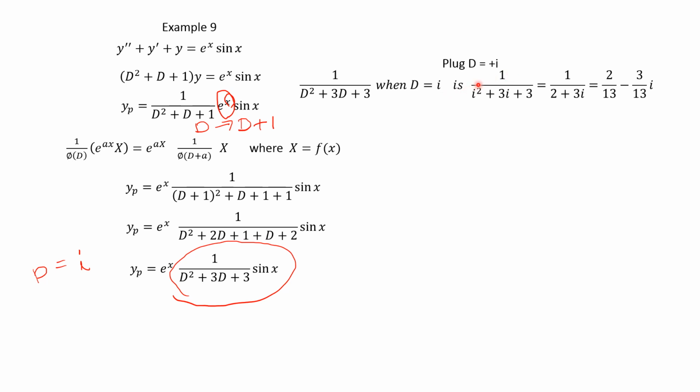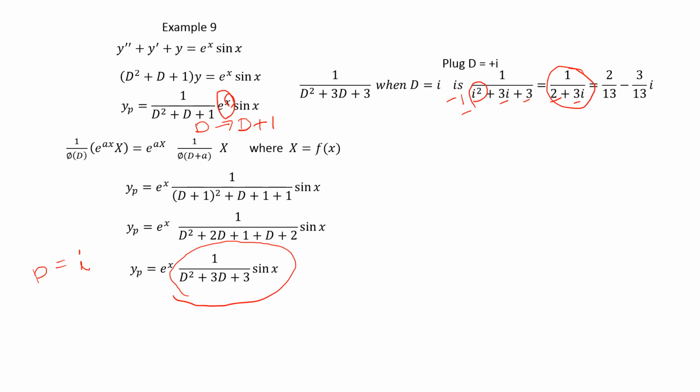This is 1 over i squared plus 3i plus 3. This i squared is negative 1, so negative 1 plus 3 is 2, and retain the 3i. Then 1 over 2 plus 3i is the same as 2 over 13 minus 3 over 13i.